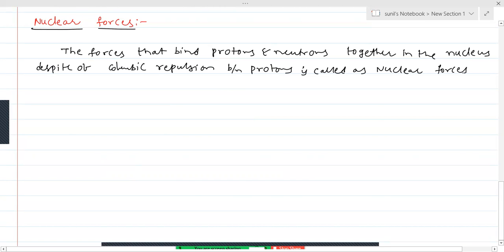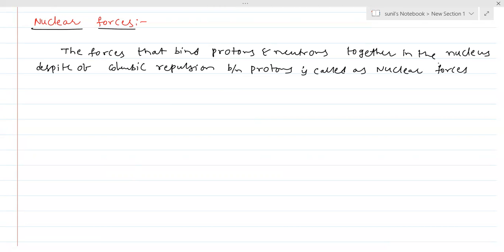Generally, between protons and protons we have repulsion. Even though we have repulsive forces between the protons, there might be some internal forces inside the nucleus, which may be present between the protons, or between the protons and neutrons, or between the neutrons and neutrons. That kind of force which tries to bind the nucleons is called nuclear force.